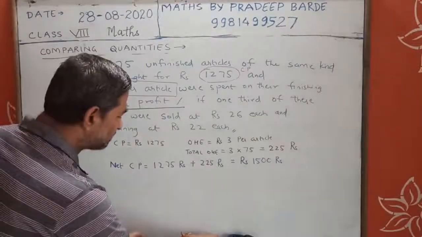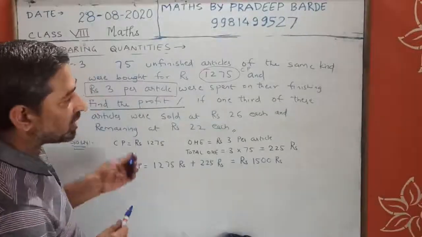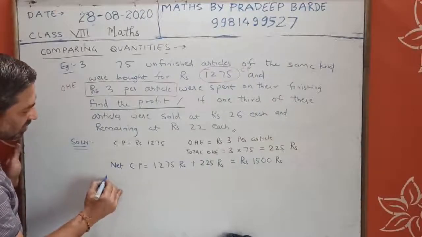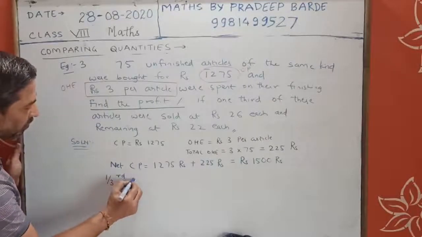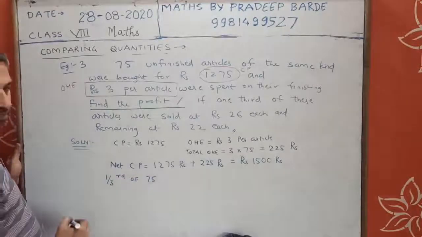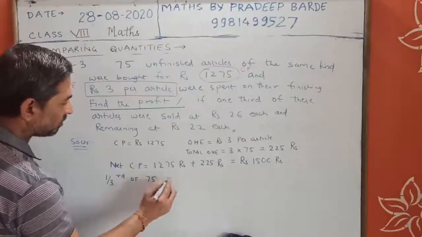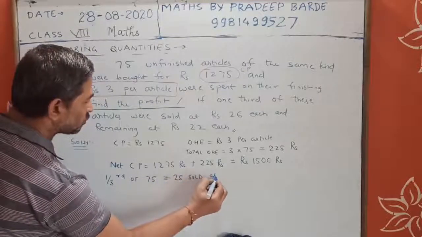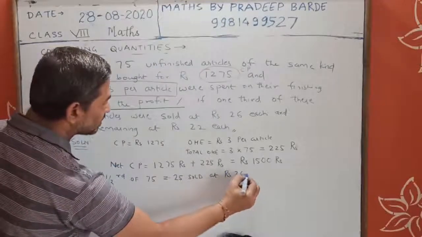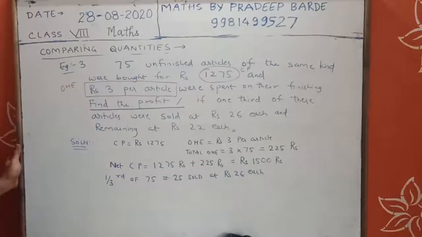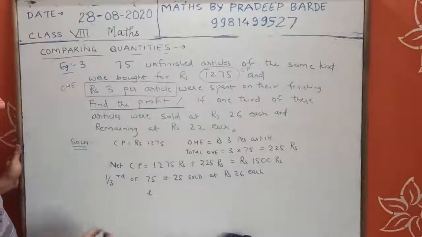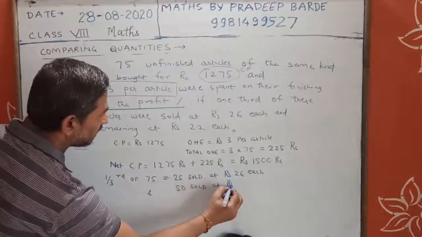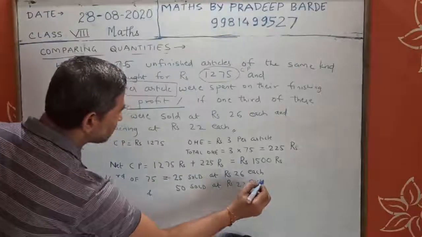Now let's see what is the total selling price. The total selling price, see, 1/3 of 75, that is equal to 25 sold at rupees 26 each, and remaining, that is 50 articles, sold at rupees 22 each.